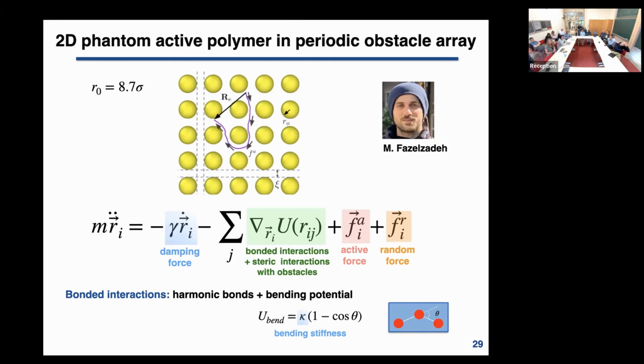And then there is one thing, some basic: the bending is the angle between the consequent bonds.